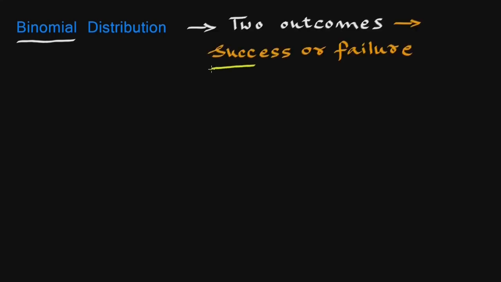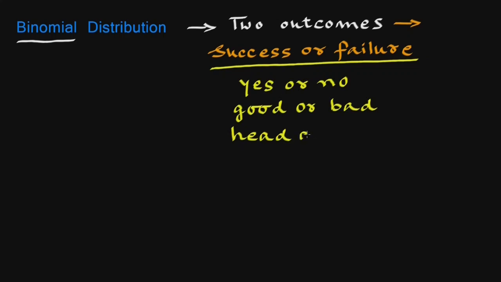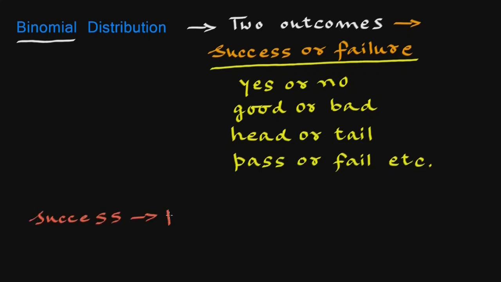In binomial distribution, the word binomial itself suggests that it deals with events resulting in two outcomes, success or failure. By success and failure, we mean yes or no, good or bad, head or tail, pass or fail, etc. If the probability of success is P and that of failure is Q, then as we know, P plus Q is 1.